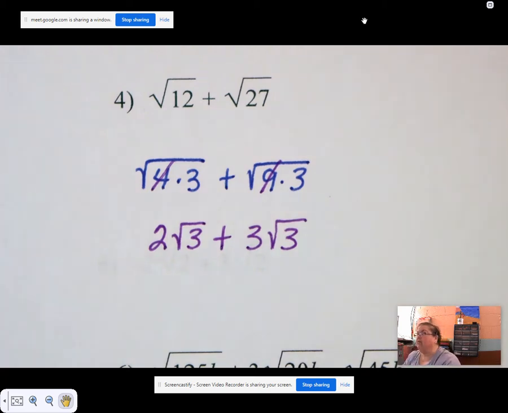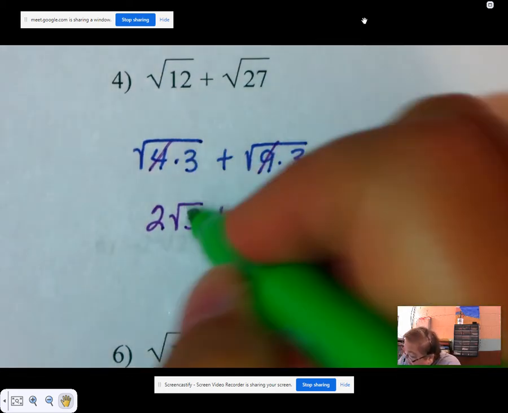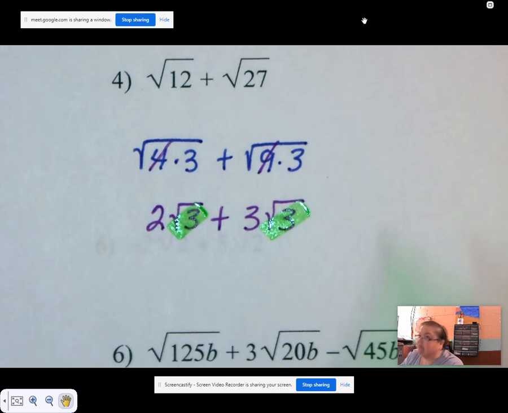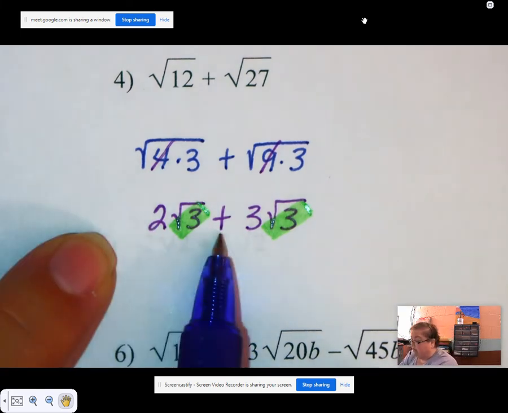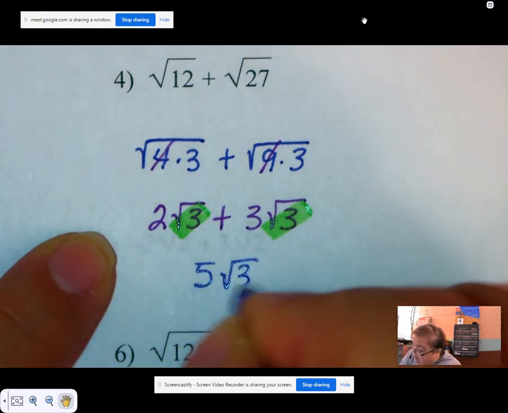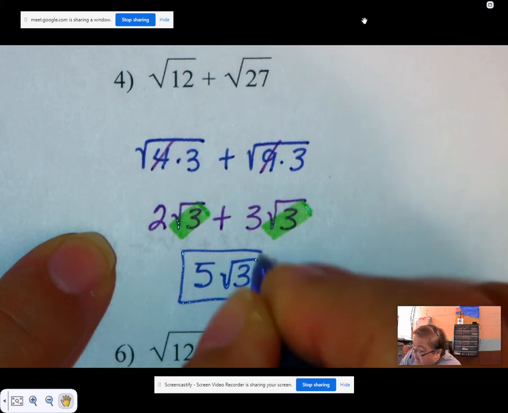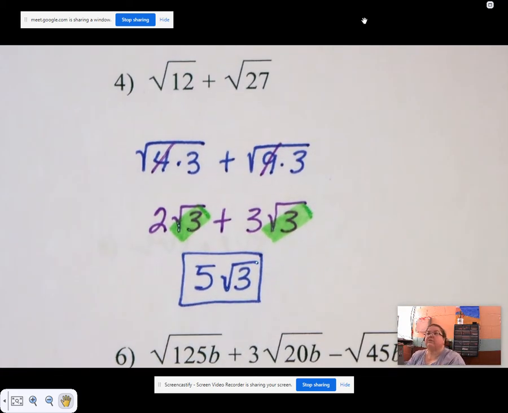Do I have like radicals? Yes, because they are both root 3s. I'm only looking at what's inside that radical to determine if they're like or not. So what is 2 plus 3? Keep the root 3. Questions?